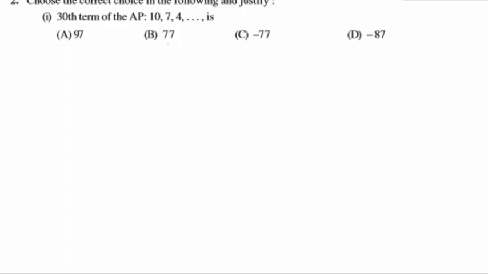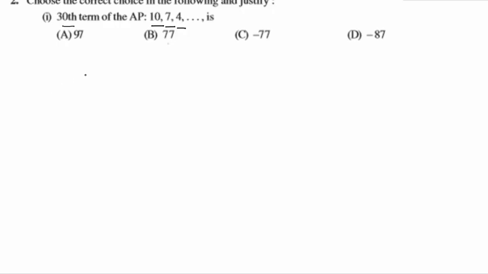Now the second question is, choose the correct choice in the following and justify. 30th term of the AP. In this question we have given an AP whose first term is 10, second term is 7, third term is 4, and we have to find the 30th term.